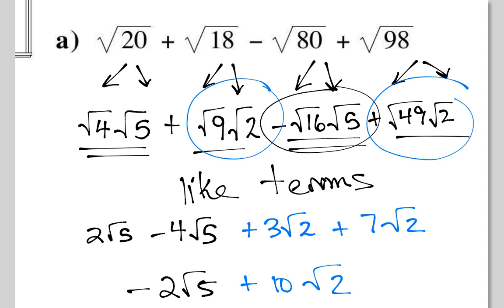Okay, so the black ink is the root 5s, the blue ink is the root 2s. Collect like terms and just be aware of sign. Any term can only be plus or minus. There's no alien term, it's only plus or minus. So make sure you check that box off when you're doing your homework.